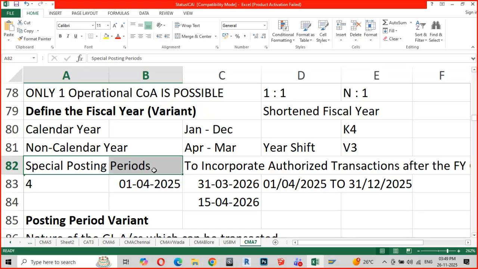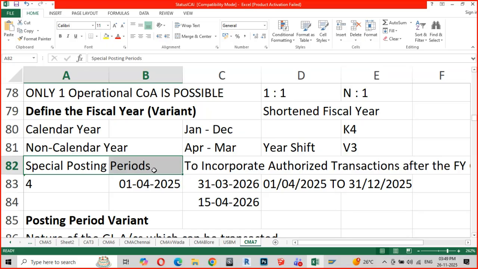When is the concept of special posting periods applicable? Once you have finished your financial year and you want to close the books of accounts for a specific year, then and only then you use special posting periods to accommodate your authorized entries.